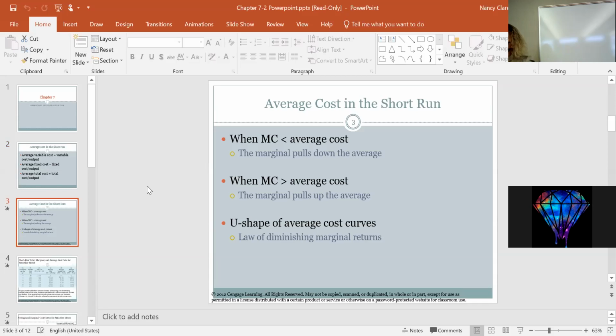The marginals and averages I think you are most familiar with have to do with your GPA. If you think back to how it's calculated, it has marginal components, that's your semester GPA, and then you have a total, that's your overall average.